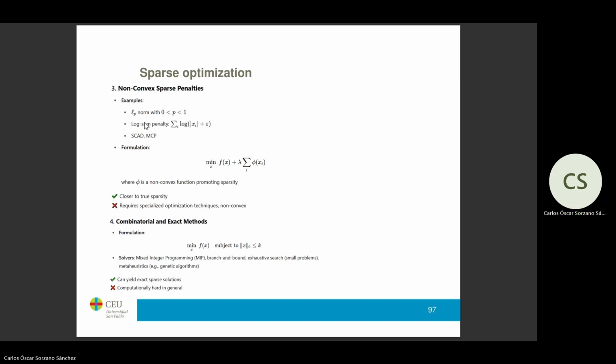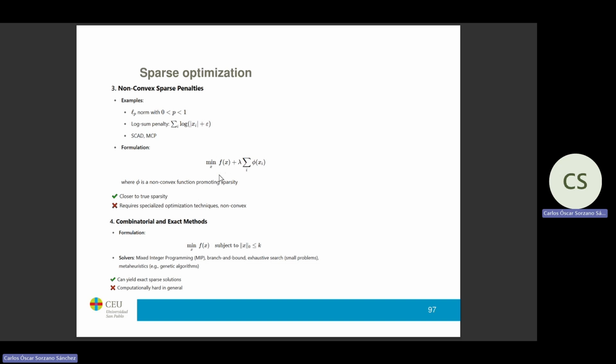And yeah, that's it. So you may use this one, or you may use these ones, log sum penalties. These kind of functions are non-convex, and they tend to promote sparsity. And there are a couple of other techniques that are relatively niche techniques, so we will not see them. If you're interested, you can explore them.